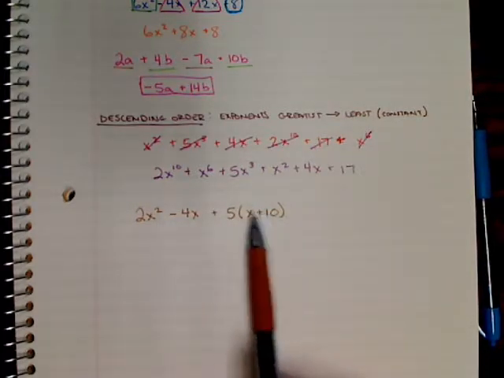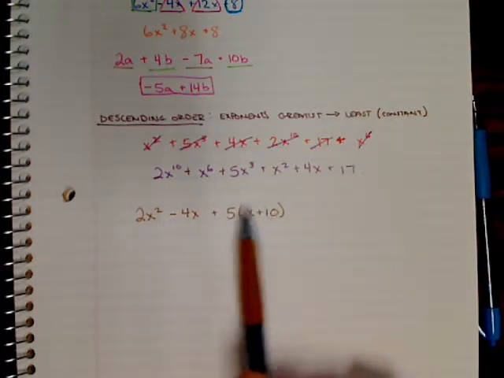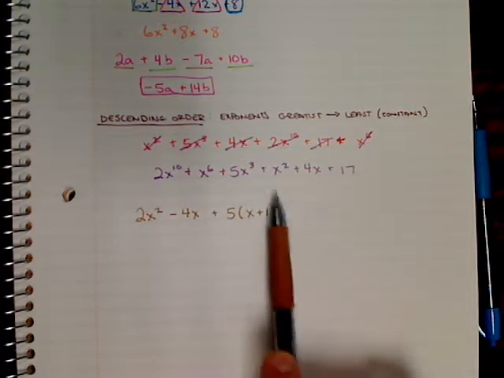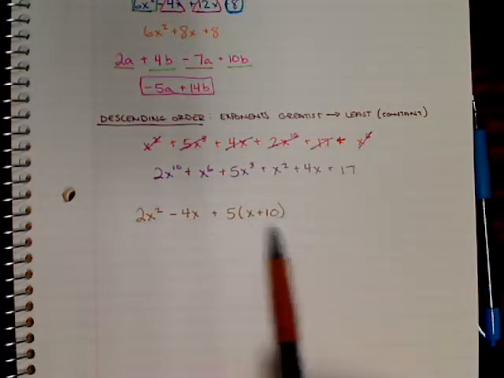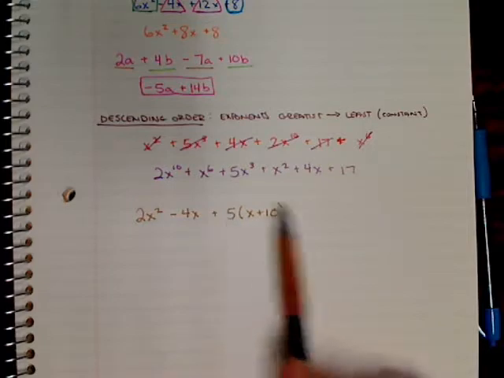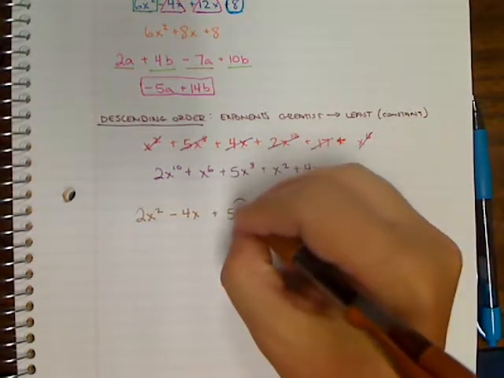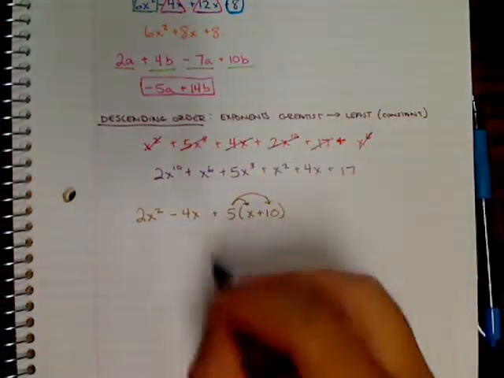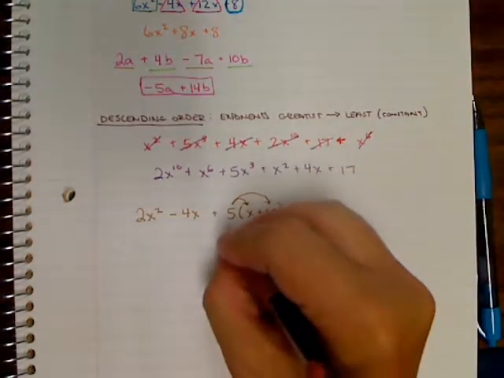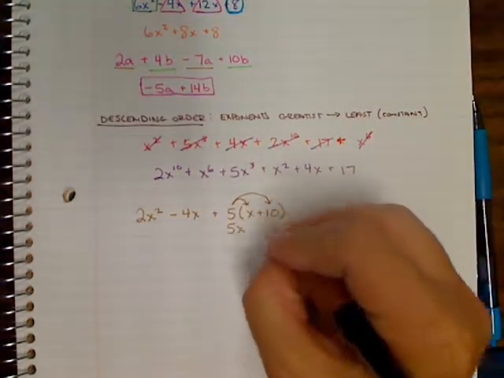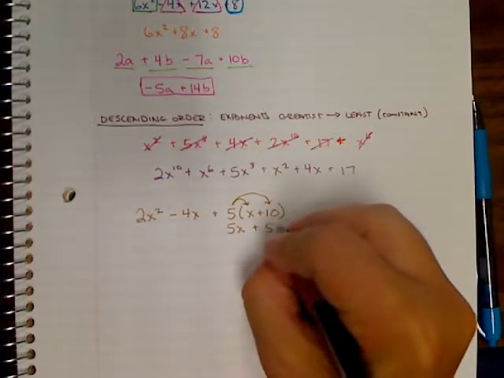So there's nothing I can do here, but I need to take care of this here, your distribution, first. So no matter what, I want to take care of this distribution first. I've got to do 5 times x and then 5 times 10, right? So 5 times x will give me 5x. 5 times 10 will give me 50.